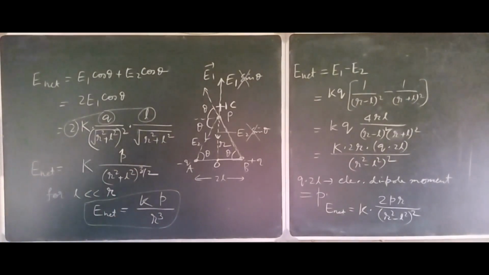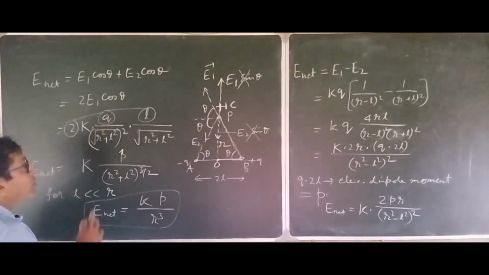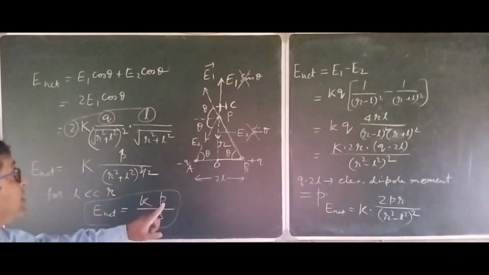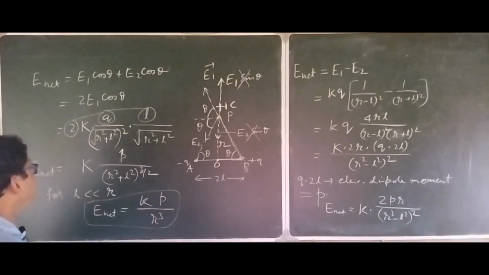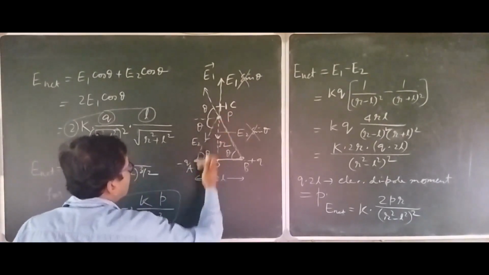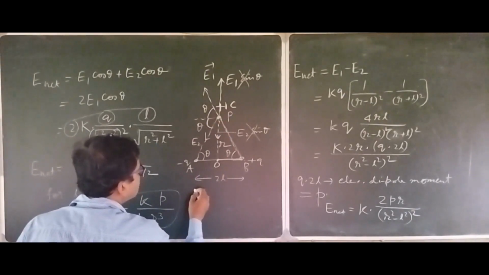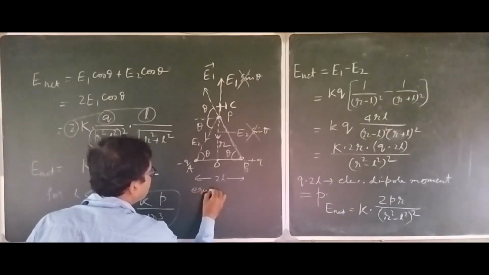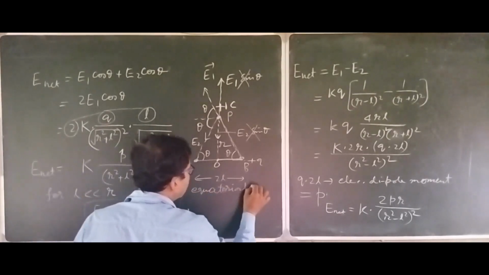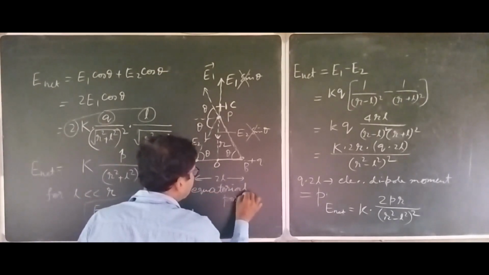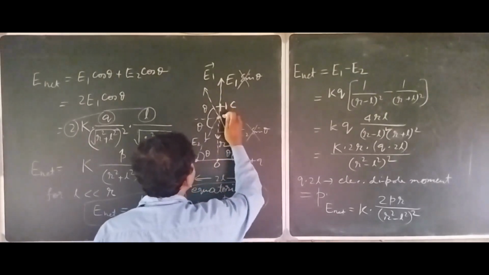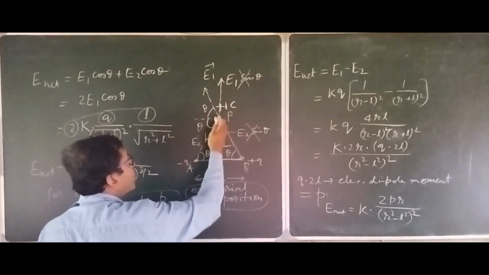So from the result we can understand that the field intensity at the axial position, by the way, this field intensity is sometimes called the equatorial position, because this positive charge is placed on the perpendicular bisector.